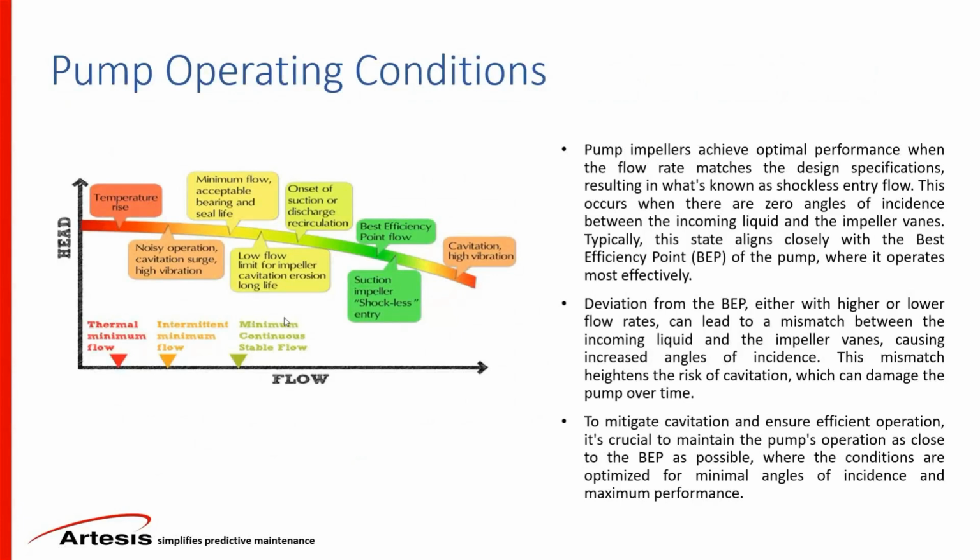So if you go from a preferred operation range to an allowed operation range, and then you exceed that threshold, you are creating discharge recirculation or cavitation, and over time, of course, noisy operation, high vibration, and then you risk damaging the sealing or bearing. And if you are close to the very left on the curve, of course, the temperatures will increase.